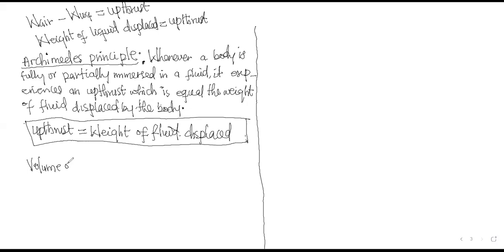Volume of fluid displaced is taken to be equal to volume of object, which is true. But students usually mistake this for upthrust. When a body is fully or partially immersed in fluid, the volume of fluid displaced is equal to the volume of the object.